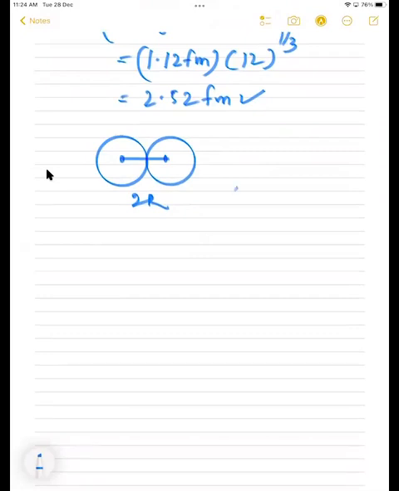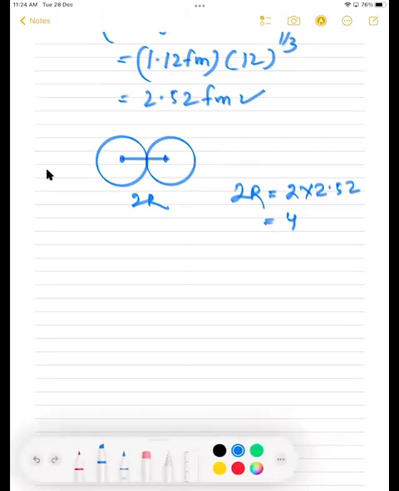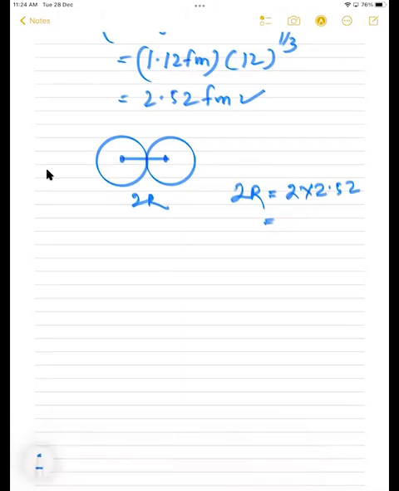Getting students? So the distance is how much? 2r. 2 times 2.52 is how much? 5.04 femtometer, correct? 10 to the minus 15.